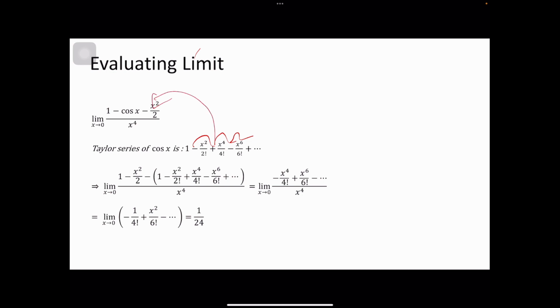And once we calculate it, we have minus 1 minus x squared over 2. And once we finish off that part, what we get is the limit of x equal to 0 of x to the power 4 over 4 factorial, x to the power 6 over 6 factorial. And you can bring the denominator down, and you can evaluate the limit here. What we get is 1 over 24.